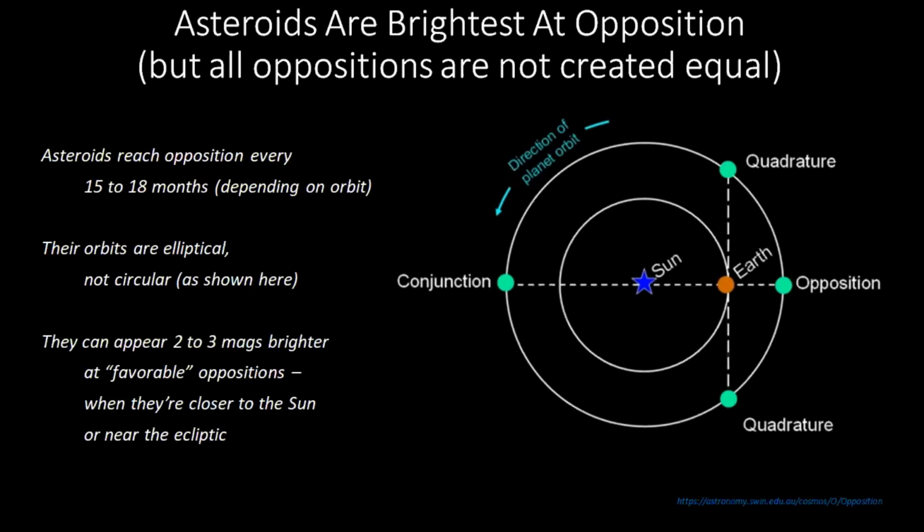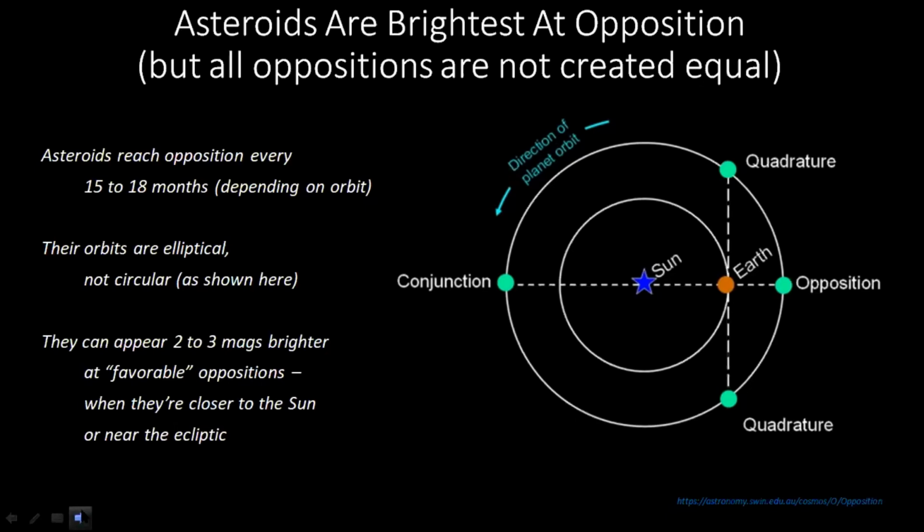So sometimes the asteroid is above us or below us when it reaches opposition. And in those cases, it's going to be a little farther away than if it's even with us. But still, all that being said, the asteroid is going to be brightest when it's at opposition, and brighter still if it's a favorable opposition.